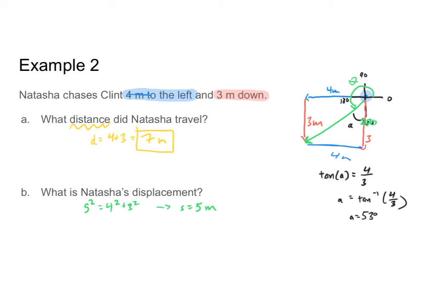So what I'll say is A plus theta equals 270 degrees, or theta is equal to 270 minus A, or 270 minus 53, giving me theta is equal to 217 degrees. So Natasha's displacement is going to be S is equal to 5 meters at 217 degrees. So her distance is 7 meters and her displacement is 5 meters.